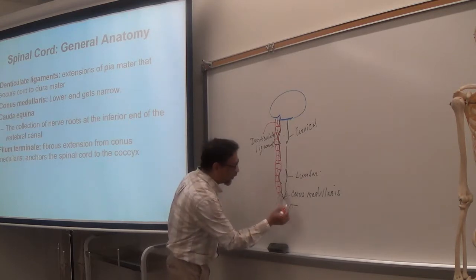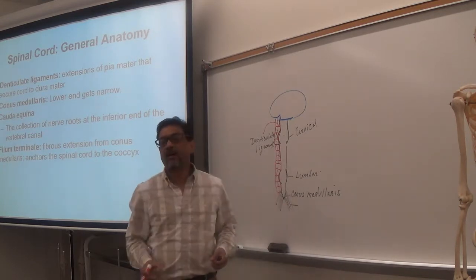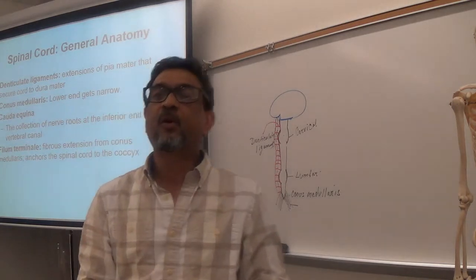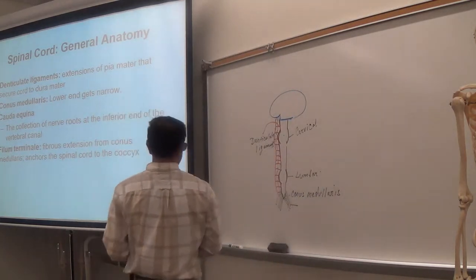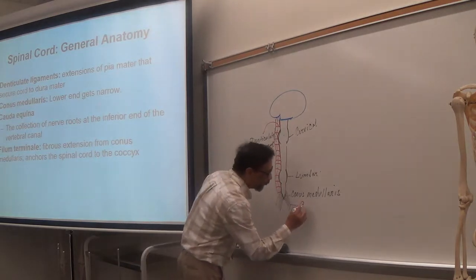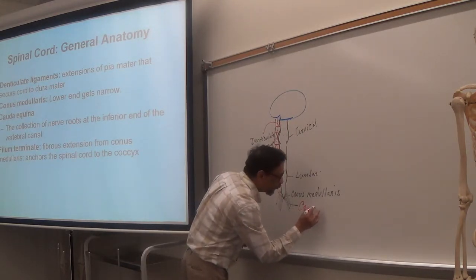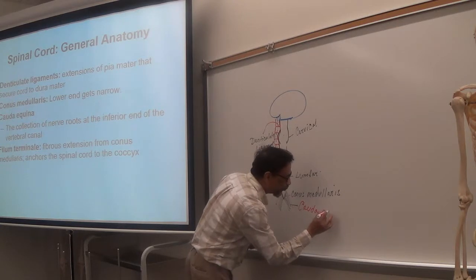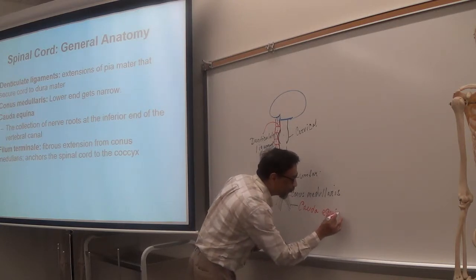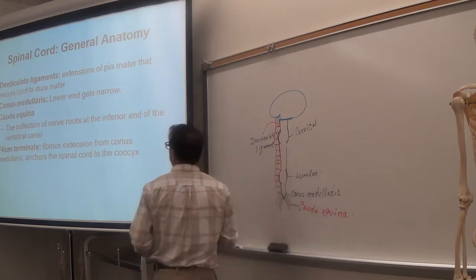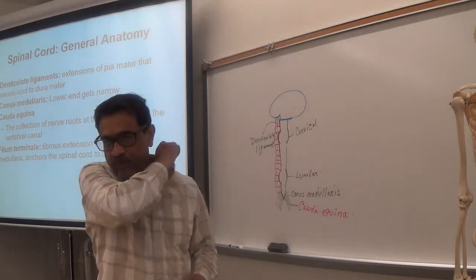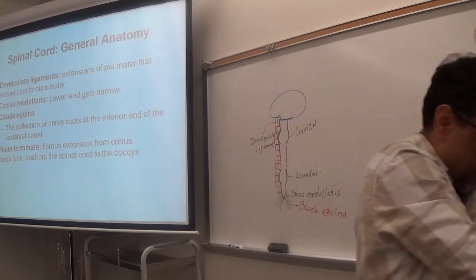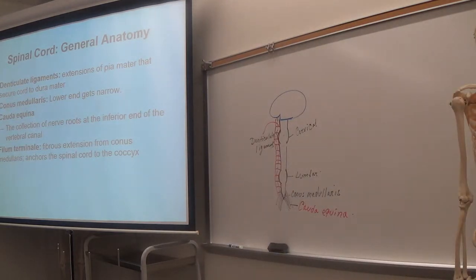These nerve roots together form the horse tail like structure, and that is called cauda equina. Okay, cauda equina.